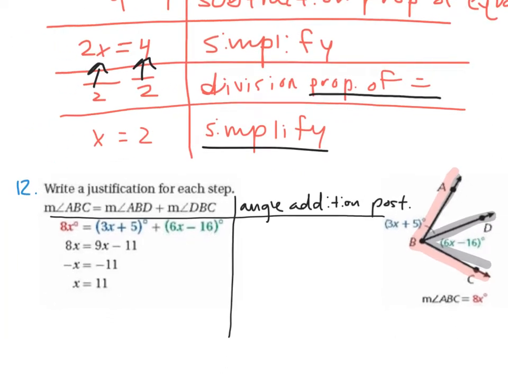Now in step 2, we took what was given for ABC and plugged it in for ABC. We took what was given for ABD and plugged it into ABD, and we took what was given for DBC and plugged it into DBC. So when you're plugging things in, we are using substitution. So the step would be substitution.